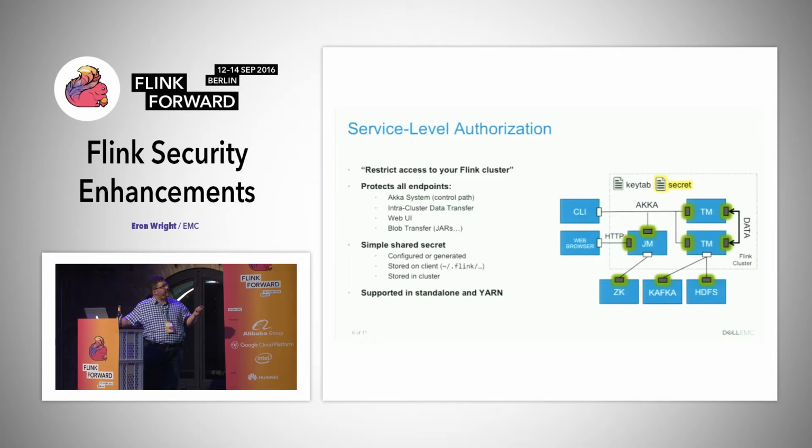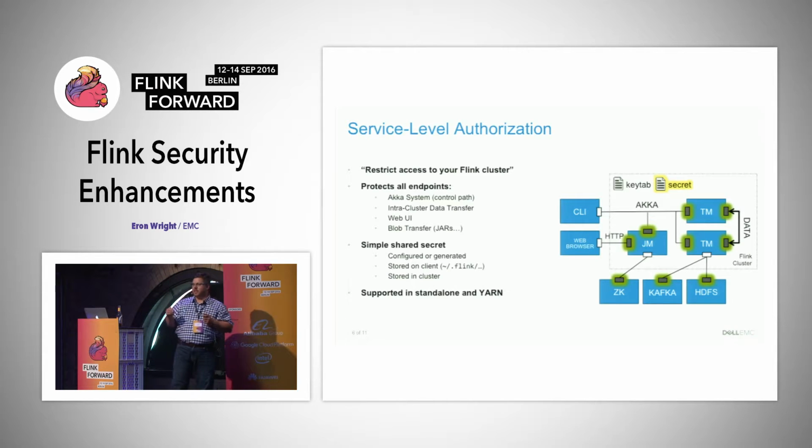And that leads to the second thing, service level authorization. What we mean by this is just the initial authentication that is put in place on all of these server endpoints, so that not just anybody can talk to them, but you need to know something. You need to authenticate. What is coming is a very simple form of authentication that is protecting all of the various endpoints within a Flink cluster.